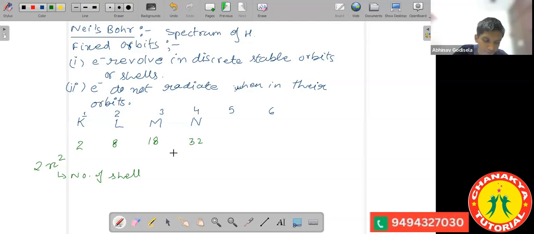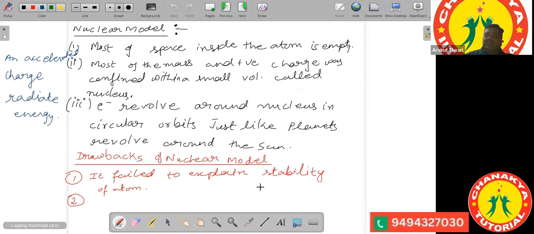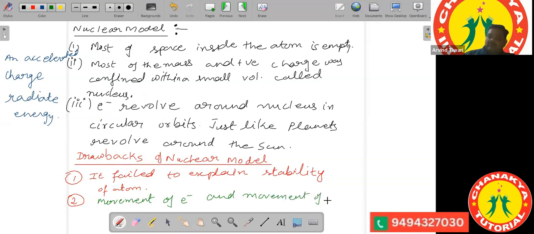Is there only one drawback for the nuclear model of the atom? No, there were two or three drawbacks you can think of. Like here we discussed, it failed to explain the stability of the atom. You can say the movement of electrons and the movement of planets are different.